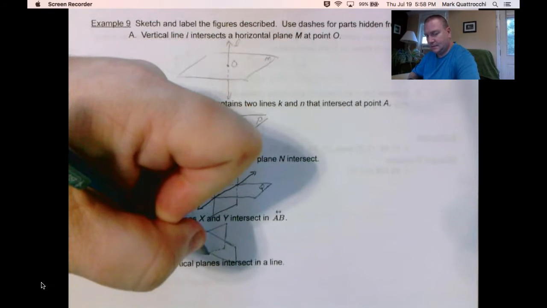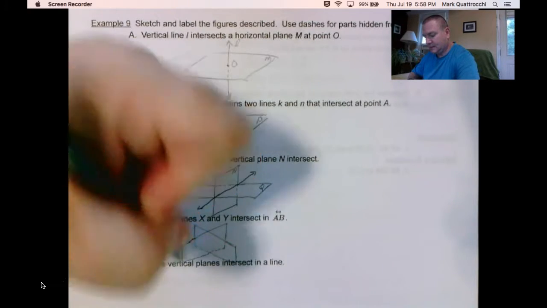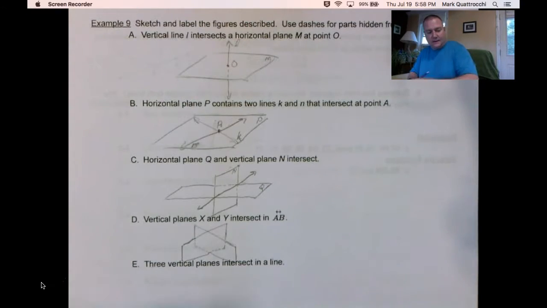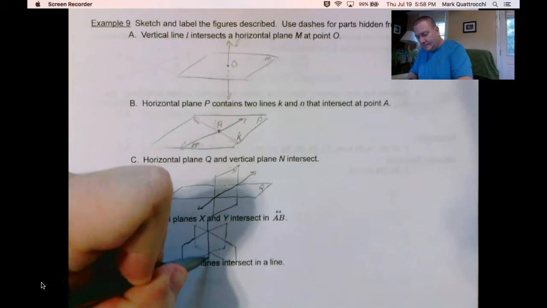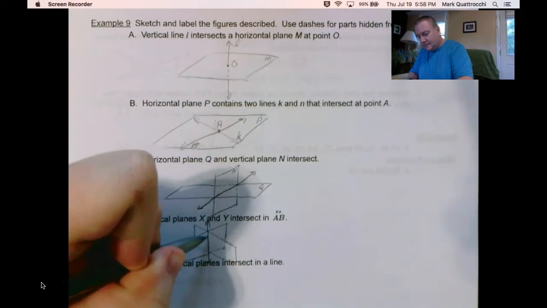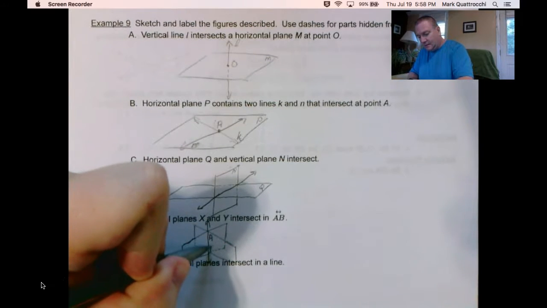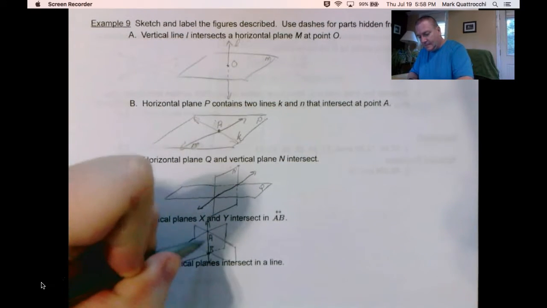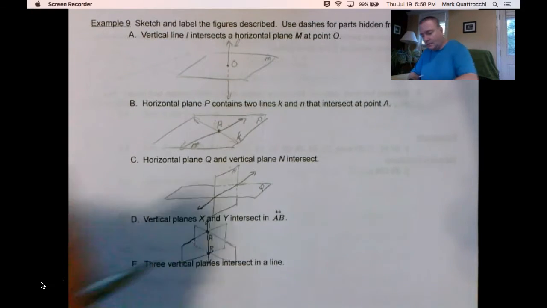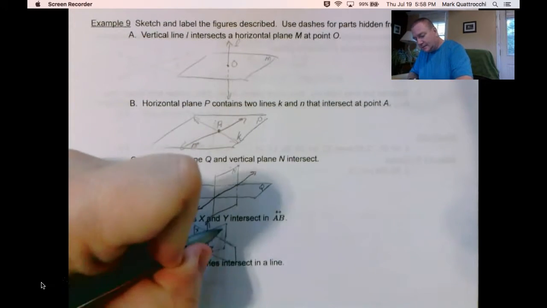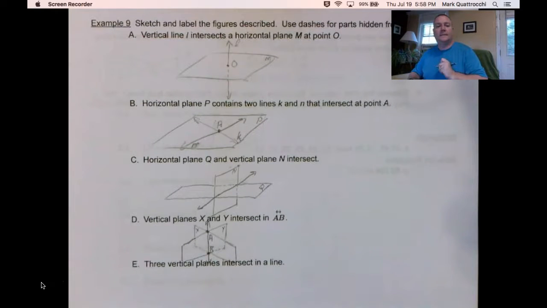Dotted and then solid, and then the line of the intersection, A, B, line AB. Okay, and plane X and plane Y.